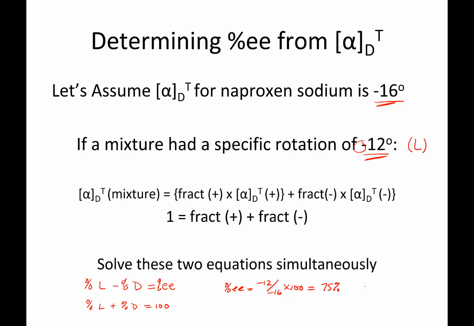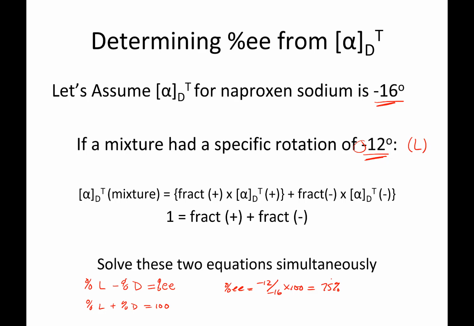I must have wanted to make the math really easy on this, because if you have a percent enantiomeric excess of 75%, no, the last problem was 50%. So now I need two numbers that add up to 100, and when you subtract them, you get 75. If you don't want to simultaneously solve equations, which you could do by whatever method you know, the linear algebra method would be great with determinants on the top and bottom.